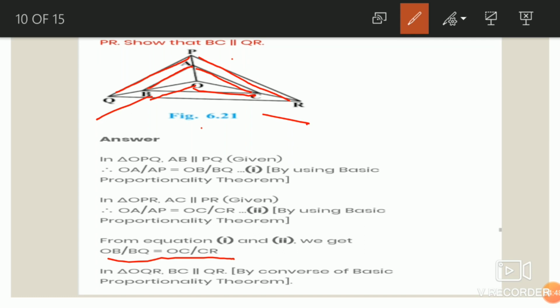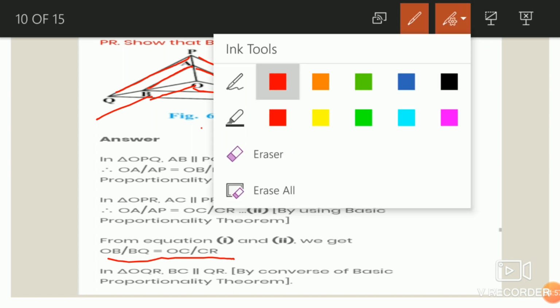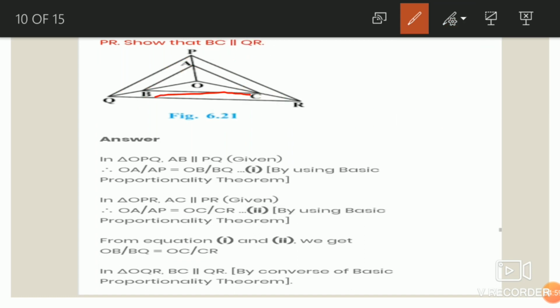So now in a triangle, if we see that this is the scenario, then by converse of basic proportionality theorem, we can say that BC is parallel to QR. Okay, so that's the solution.